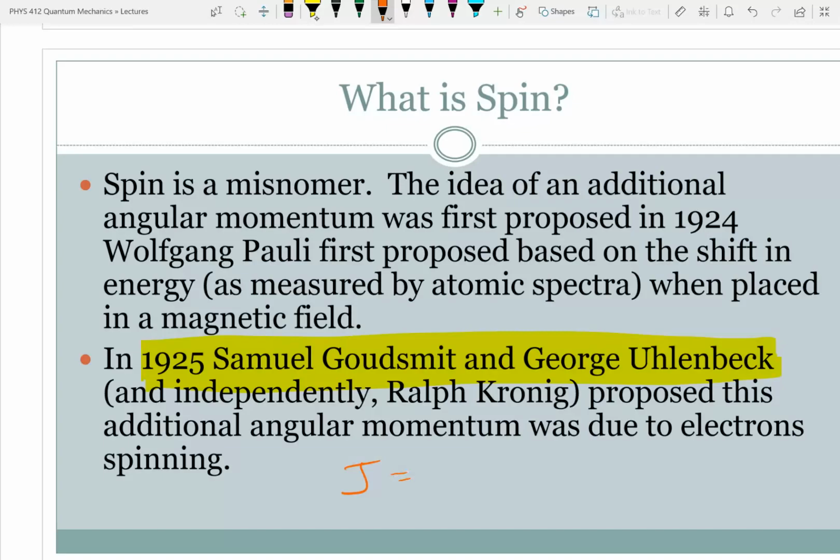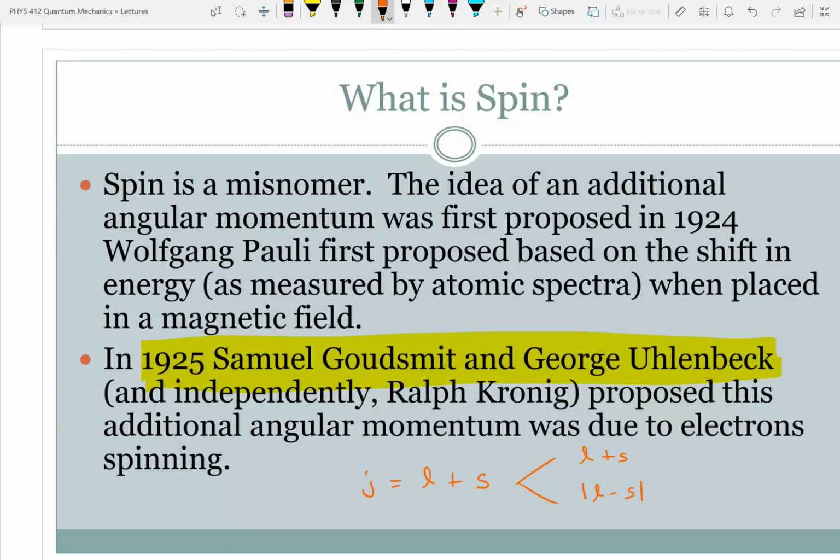J is equal to, well, I should use lowercase here, J is equal to L plus S with the rules that this is anywhere between those extremes.